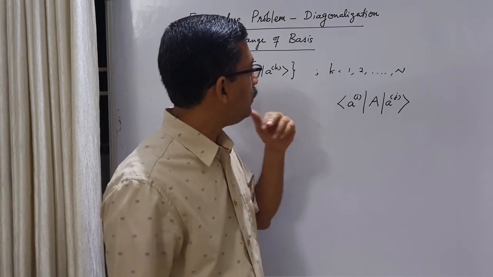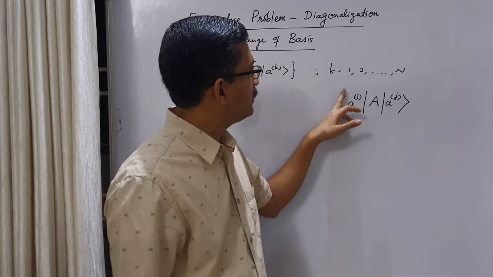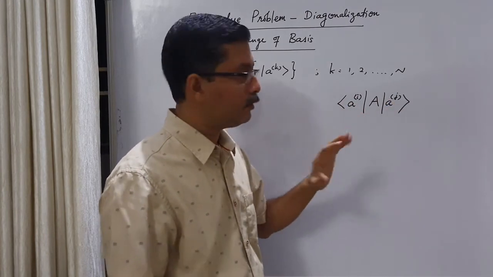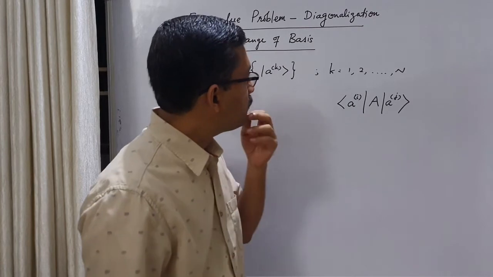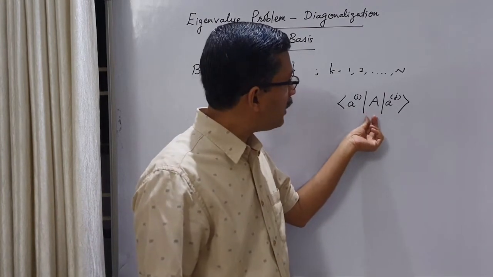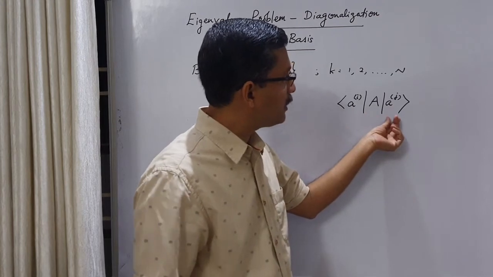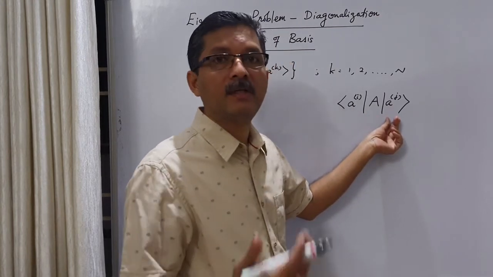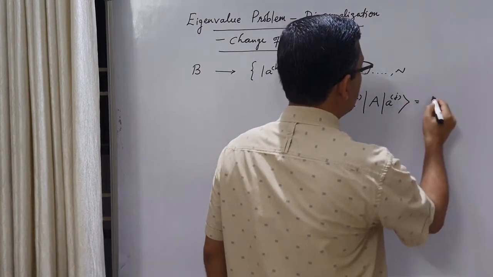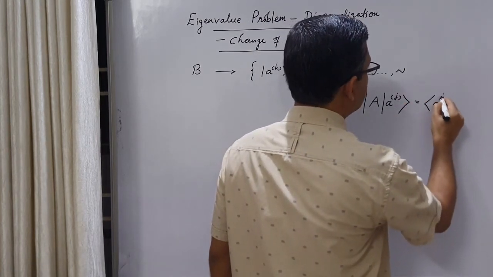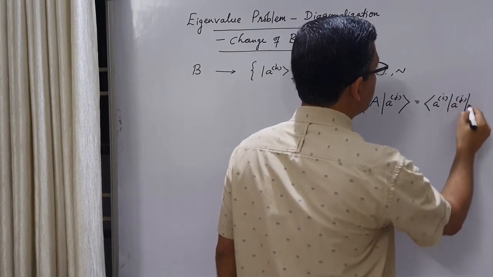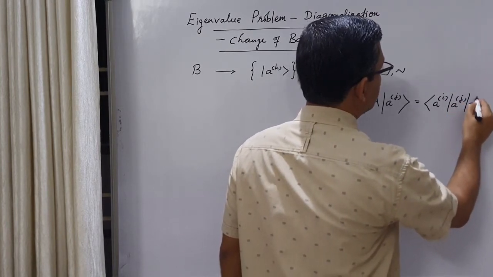This index represents the ith row and this index represents the jth column. Now since these are eigenkets of the operator A, what happens when A operates on its eigenket A_j? We will get the eigenvalue, so we get the eigenvalue a_j times ket A_j.